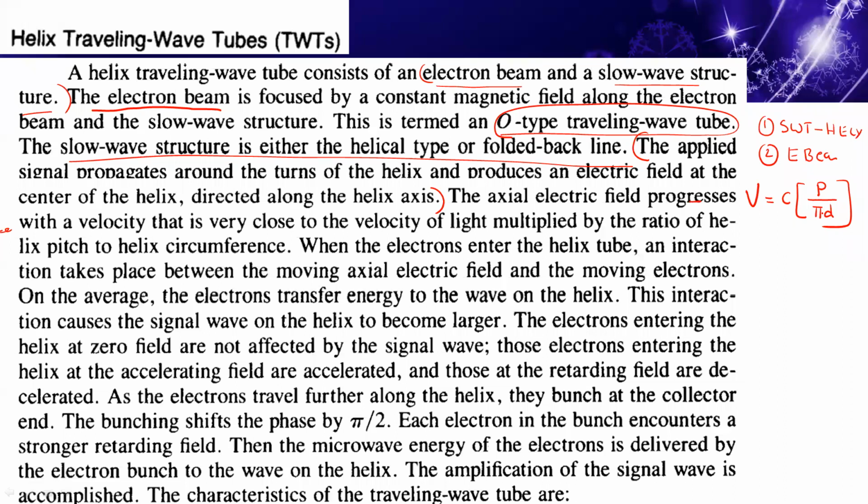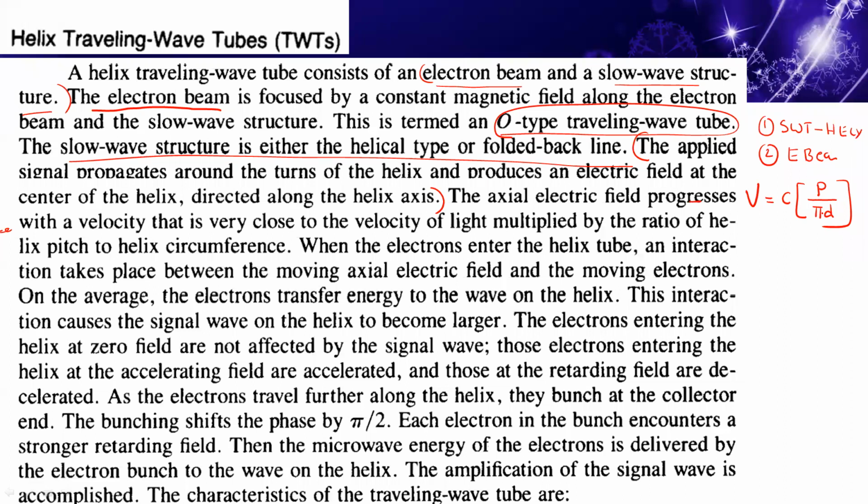This axial electrical field progressively changes with respect to the velocity of the electron beam. So the axial electrical field equation can be represented by the velocity of light multiplied by the ratio of the helix pitch value to the circumference. Clear? Now what happens in the mechanism when electrons enter the helical tube?